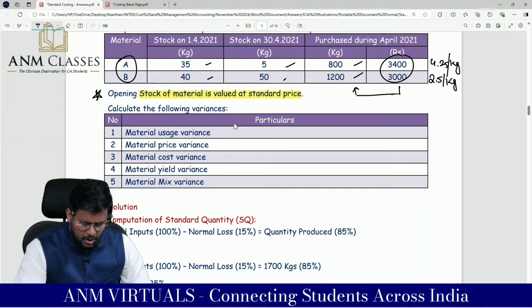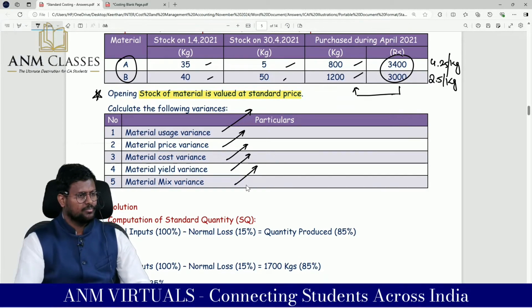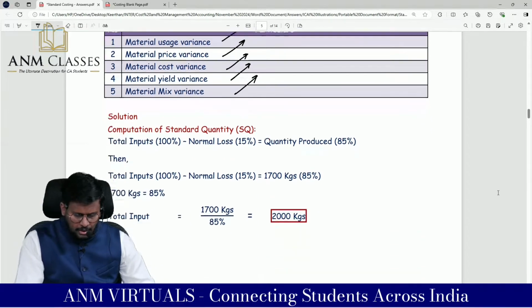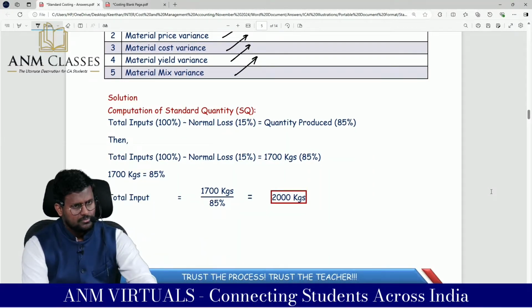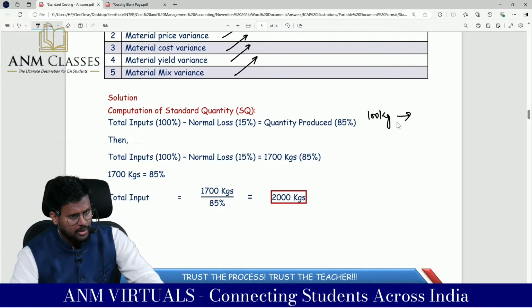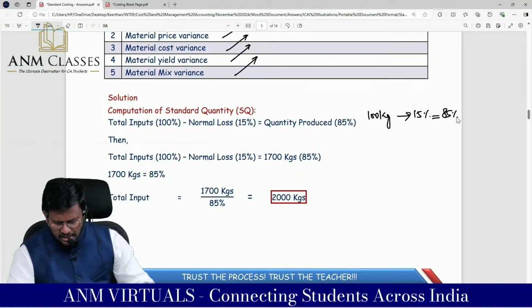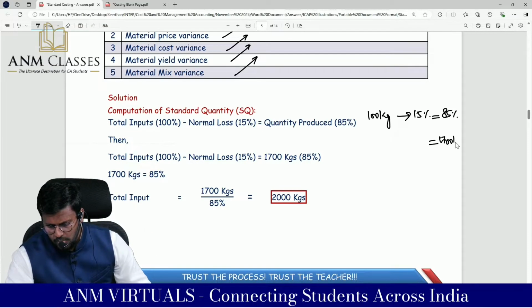Calculate the following: material usage variance, material price variance, material cost variance, material yield variance and material mix variance. Computation of quantity, we already found out. Our basic formula is, if you put 100 kg input, 15% normal loss and 85% comes out. This 85% is how many kg? 1700 kg.